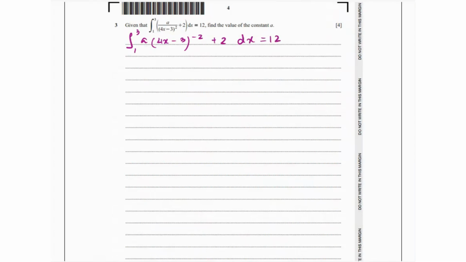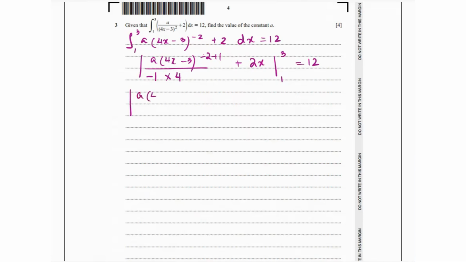So when we integrate this, we know we add 1 to the power, divide the term by the new power and times it by the coefficient of x. And the constant has an x with it, and it's from 1 to 3 equal to 12. So we substitute the value of 3 first and then 1.